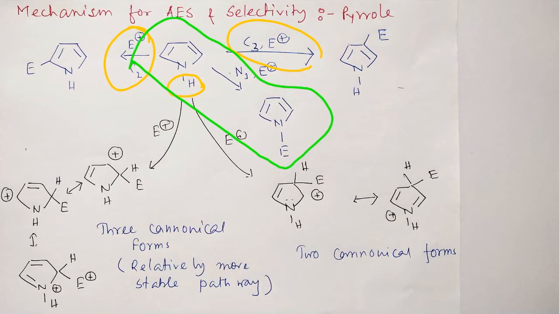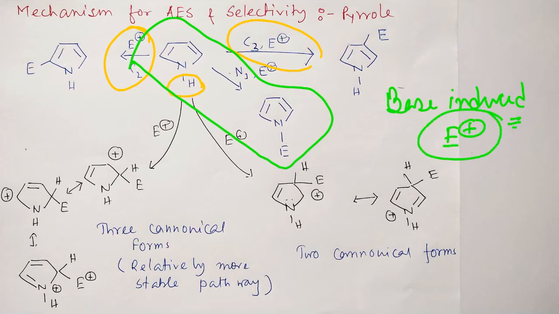Okay, so by the way, generally this thing is mainly dependent on base. So you may consider this is a base induced reactivity. Okay, and another thing, for harder electrophile, this thing is preferred. One example, let me give you. If you take this pyrrole and if you take a base like sodium hydride and methyl iodide in an anhydrous solvent like ether, so what happens?